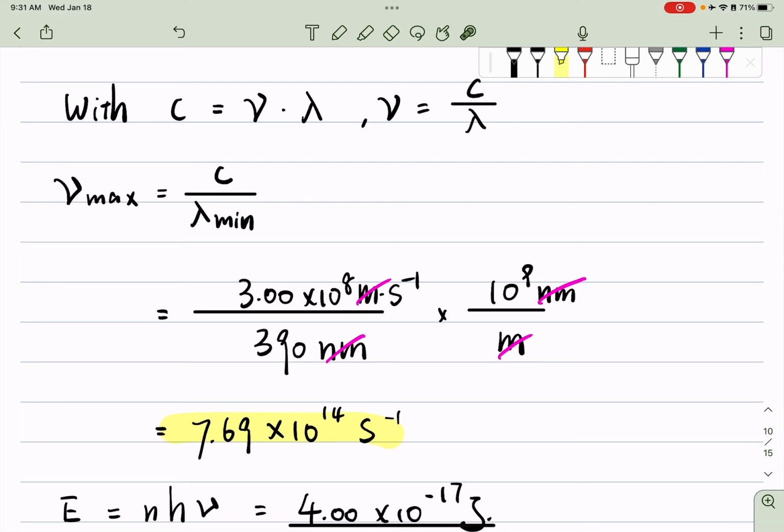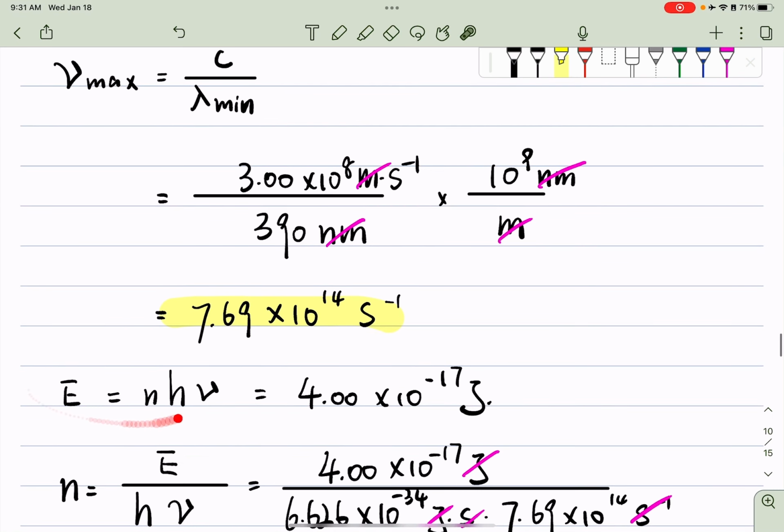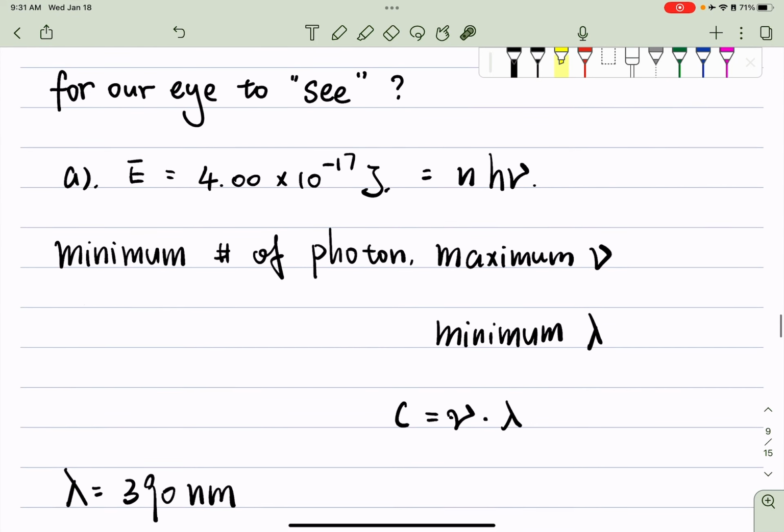Are you doing okay with this? Yes. So nhν comes from E max, right? You're taking the maximum energy of one photon times the number. So you don't have to think about it this way.